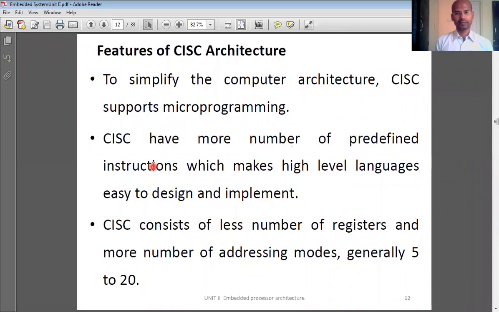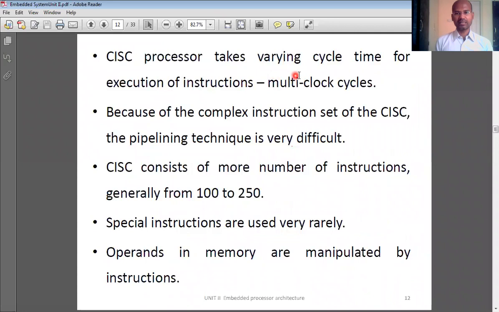Next. CISC processor takes varying cycle time for execution of instructions, multi-clock cycles. That's why we said the instructions are complex in CISC architecture. It takes many clock cycles to execute instructions, and also the number of clock cycles needed to execute an instruction will vary.